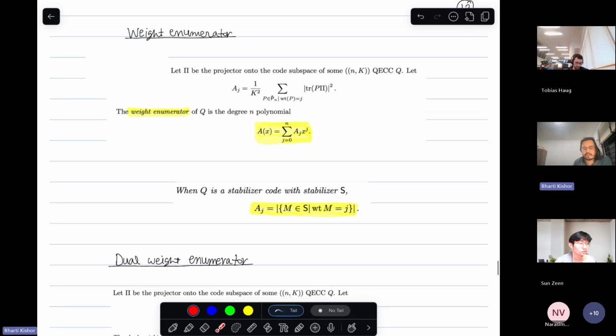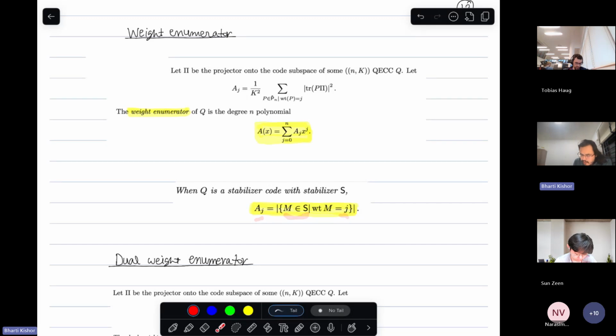For a stabilizer code, this has a very simple meaning. Basically it counts the size of the set of stabilizers which have exactly weight j.